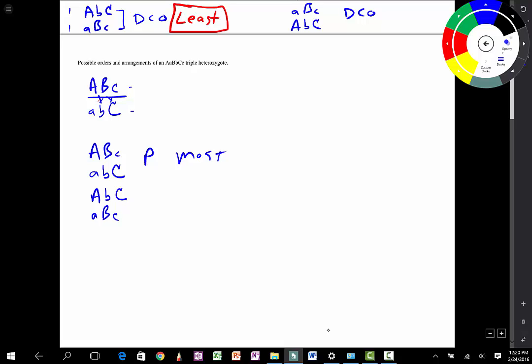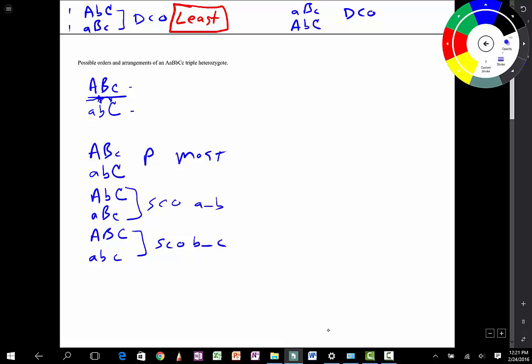If we get a crossover just between B and C, we'll get big A, big B, big C, little a, little b, little c. So these were single crossovers between A and B, and these were single crossovers between B and C. If we get a crossover between both, the one in the middle is still going to flip. So big B is going to flip down to the bottom, little b is going to flip up to the top.